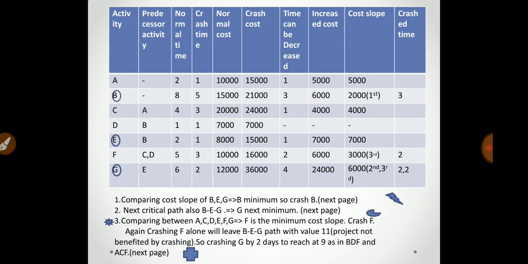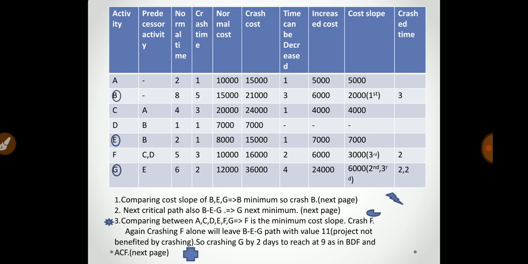Now activity F, normal time is 5, crash time is 3, normal cost is 10,000, crash cost is 16,000. Time can be decreased by 2, so increased cost is 6,000 and cost slope is 3,000.